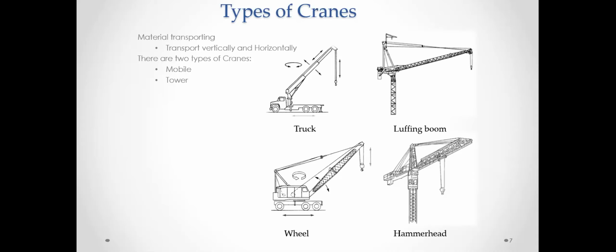Truck-mounted cranes generally have the smallest reach, and they depend on the lifting capacity. The mobile cranes are self-propelled and capable of travel. This means that they power their own movement. Some examples that I can give you, as you see in the slides, are the truck-mounted and the wheel-mounted crane.